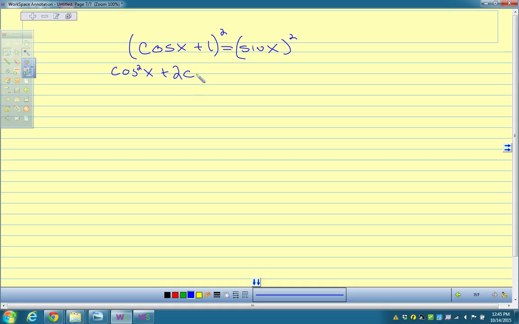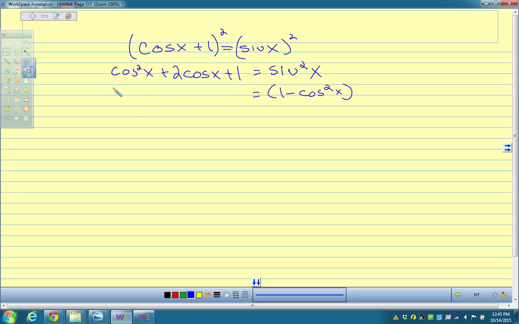So I get plus 2 cosine x plus 1 equals sine squared of x. And then I'm going to have to change this to match cosines, right? So what can I change sine squared of x into? 1 minus cosine squared of x. So I have that over there.